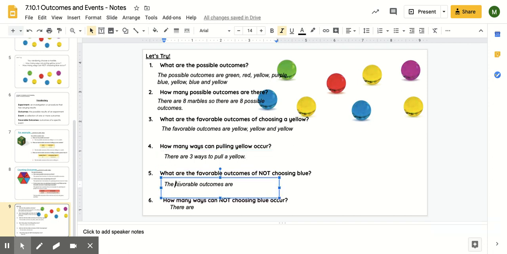Down here it asks us what are the favorable outcomes of not choosing blue. So again, I look which marble colors do I have the options of choosing if I'm not going to pull a blue. So the favorable outcomes are green, red, yellow, purple, yellow, yellow.